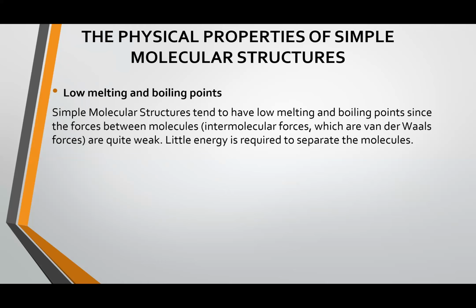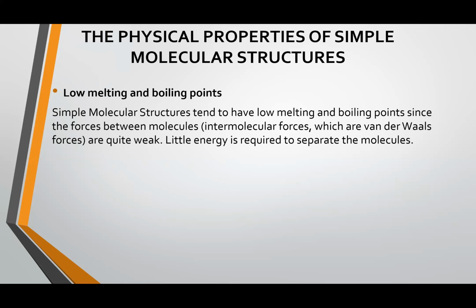In the substance, we have so many molecules. In chemistry, we don't deal with a single molecule. So when you have a sample of a substance, you should know that there are so many molecules in that sample. And the molecules, when we have simple structures, are joined by weak forces.